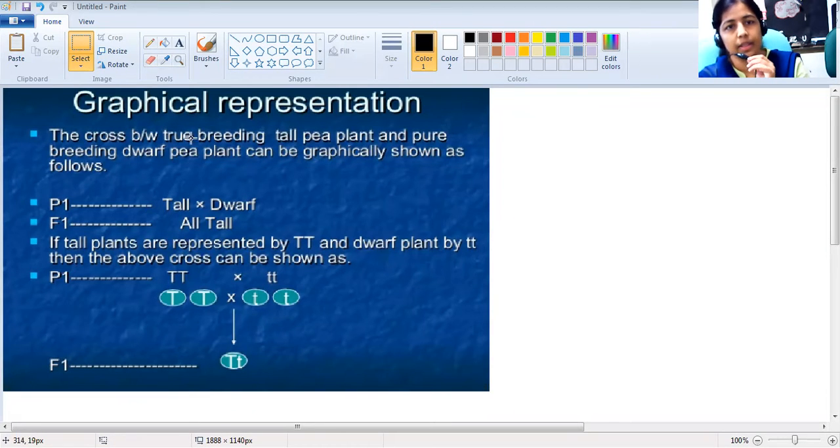Here you can see in the graphical representation the cross between the pure-breeding tall pea plant and the pure-breeding dwarf one.